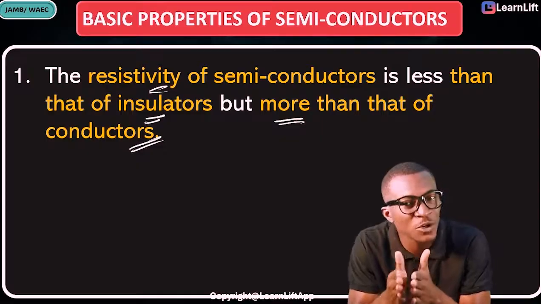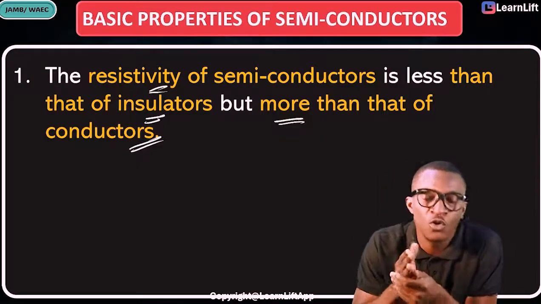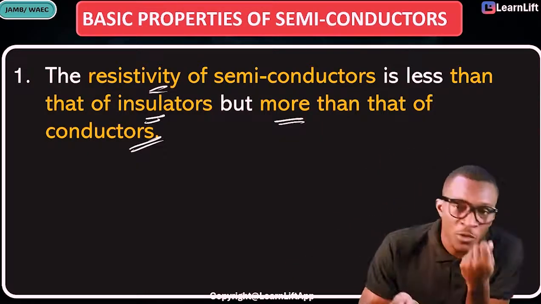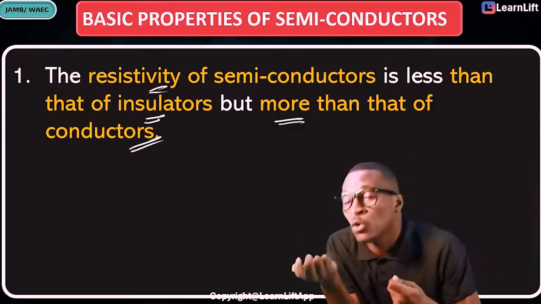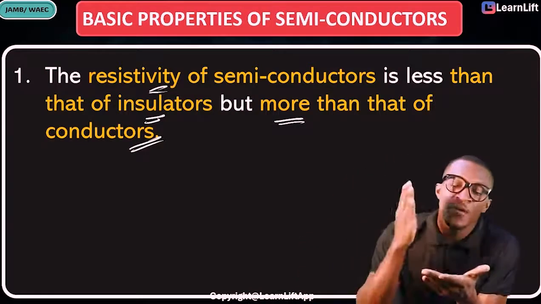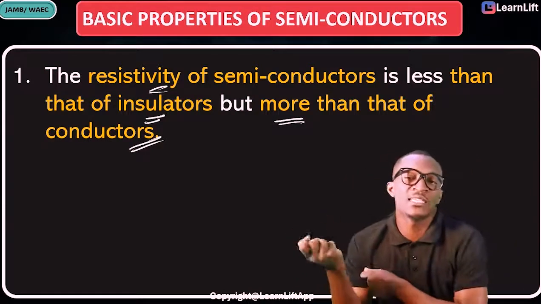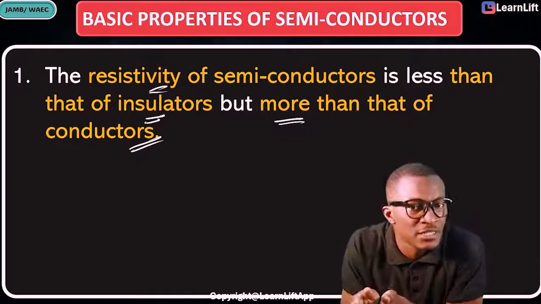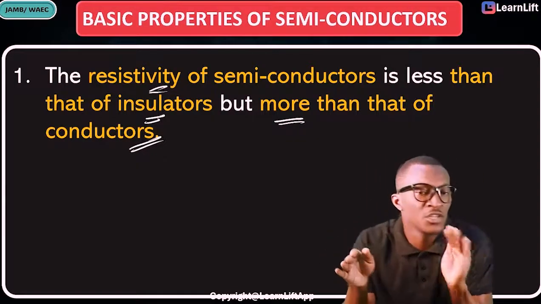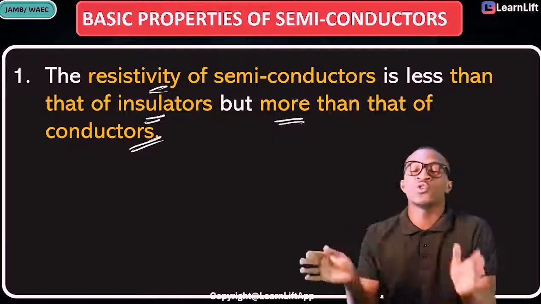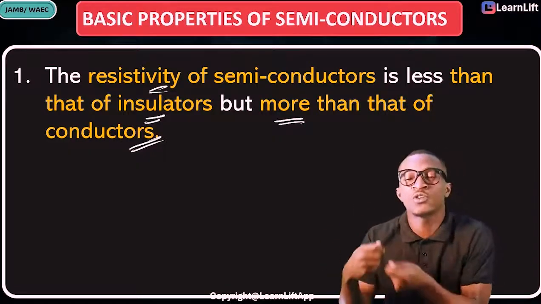Now let's settle down and understand. We say that sometimes semiconductors conduct, sometimes they don't conduct, right? So for them to conduct sometimes, it means that their resistivity is less than that of what? Insulators. Insulators don't conduct at all. These ones, they conduct sometimes.